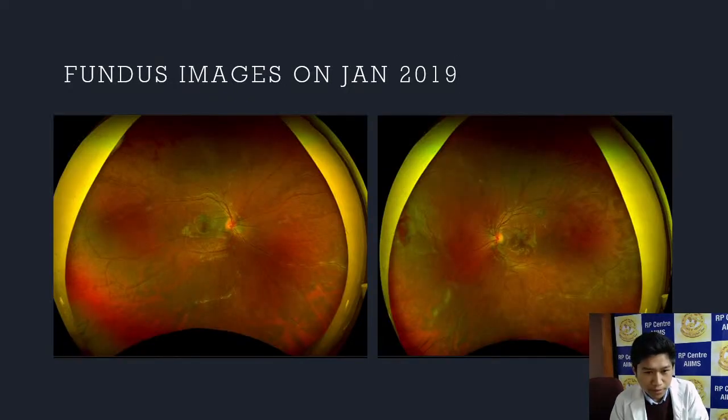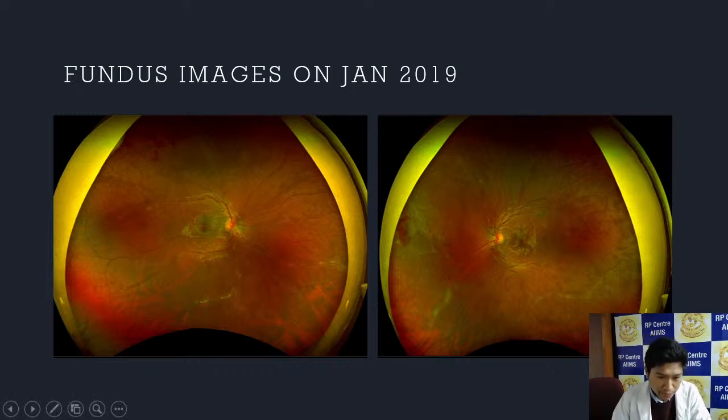In the posterior segment, this was the fundus photo done on a previous visit, January 2019. The point is that the patient was already taking steroids for 2 weeks before the first visit to the RPC.